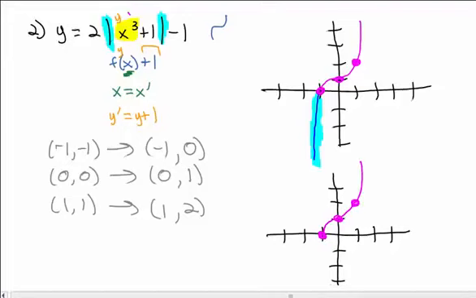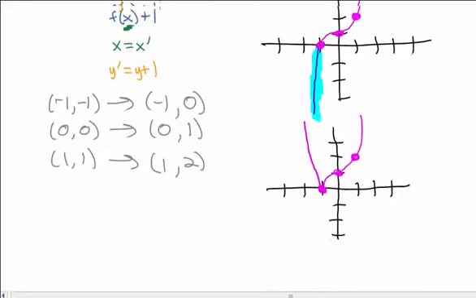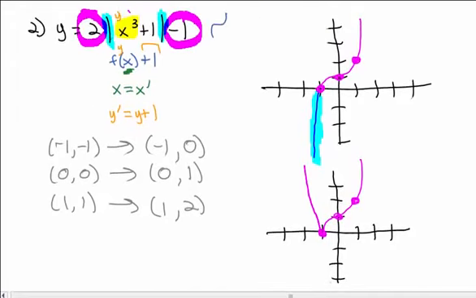But the part that's below is going to bend up above. Although we still haven't done the multiplying by 2 and subtracting 1 on the outside. Those are all affecting the y-coordinate.